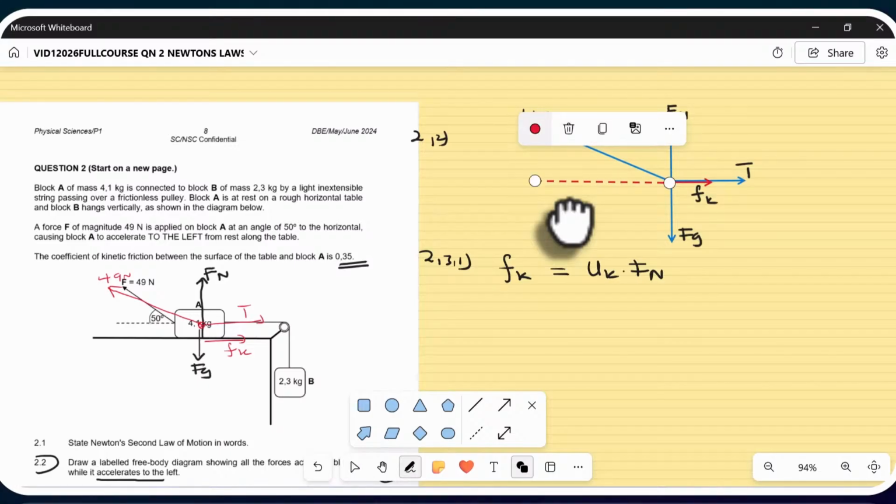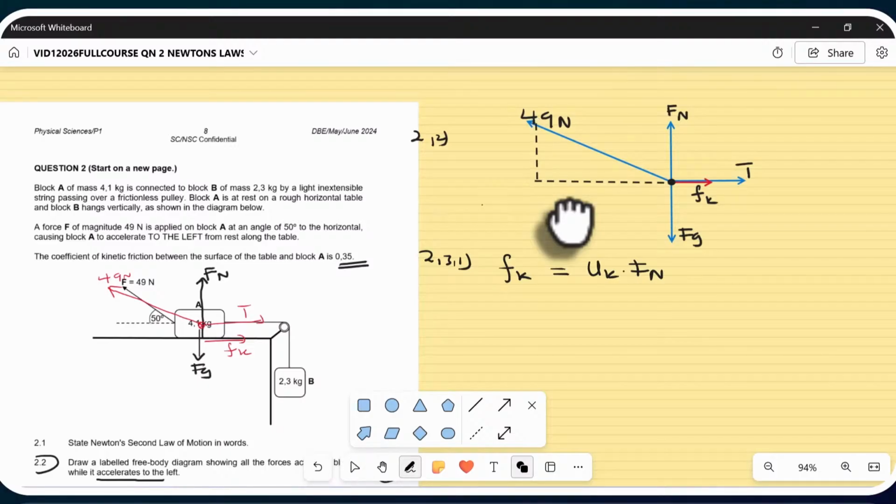Now the two components, Fx and Fy, are perpendicular to each other, okay?